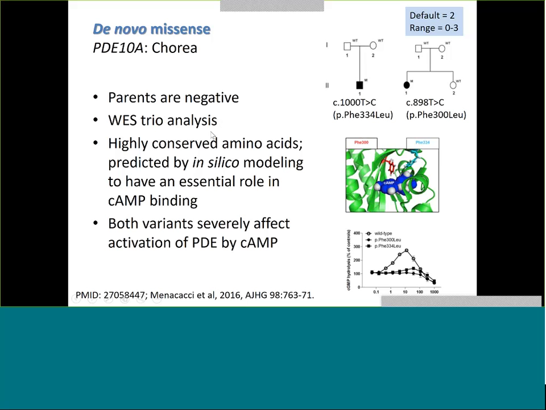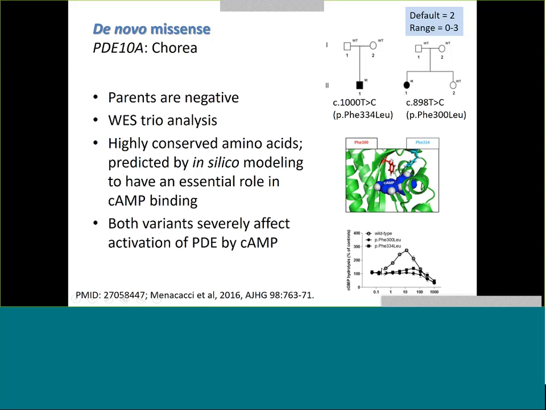Both of these missense changes affect highly conserved amino acids, and they were predicted by in silico modeling to have an essential role in the cAMP binding of this phosphodiesterase protein. They also showed that they had expressed these different variants, again, in HEK293 cells, and the activation of the phosphodiesterase activity by cyclic AMP was affected by these variants.